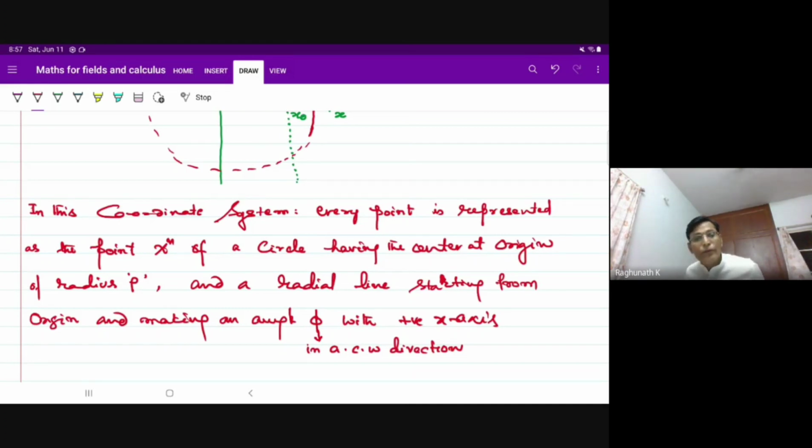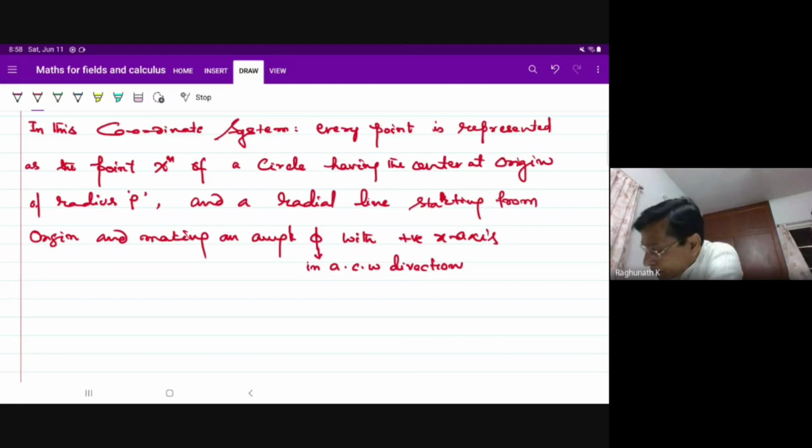Check it. This is the transform formula. Z, r at an angle theta, r e power j theta, r at an angle phi. Phi measured from positive real axis, x-axis is positive real axis, in anti-clockwise direction. In this, 0 less than or equal to rho less than or equal to infinity.